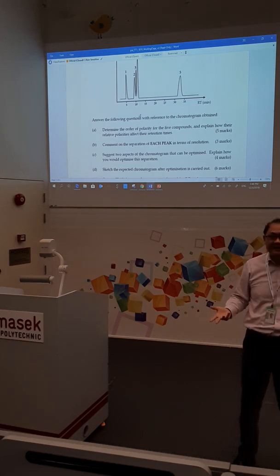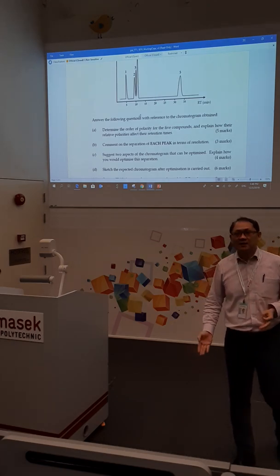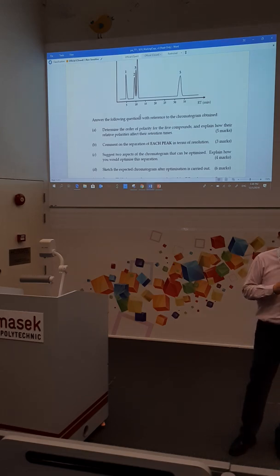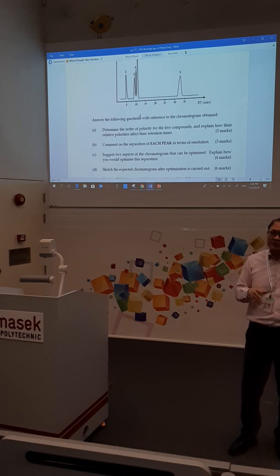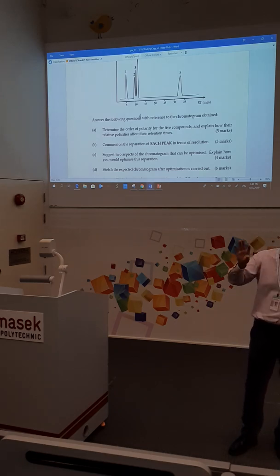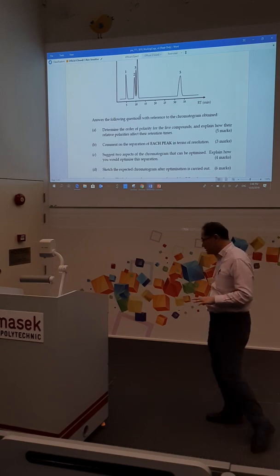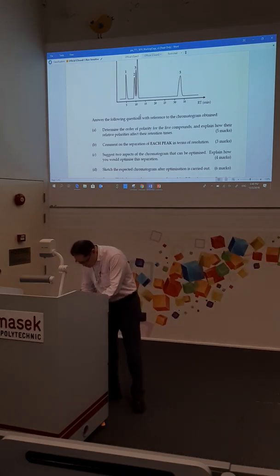Then please predict the elution order. Which compound will come out from the GC instrument first? Which one the last? So you need to be able to figure out the elution order, and also very, very importantly, you need to explain the rationale, your reasoning, very clearly, one by one.